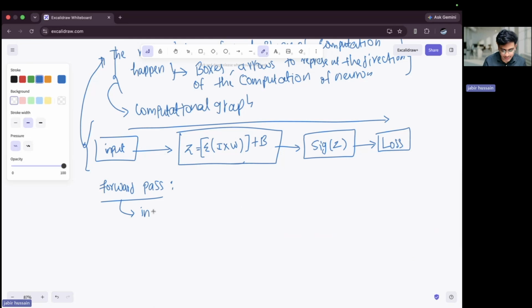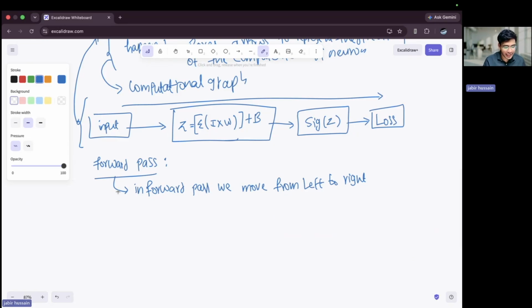In forward pass we move from left to right in the given computation graph, and in this entire journey we calculate two main things.